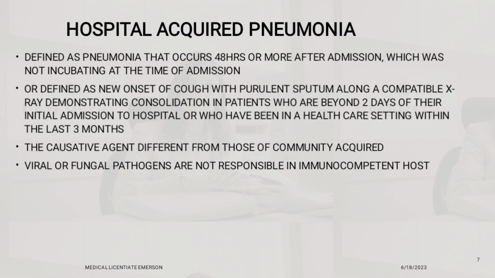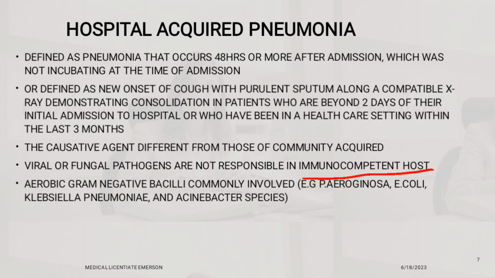So these are the things which most likely cause hospital acquired pneumonia, but viral or fungal pathogens are not responsible in immunocompetent hosts. That's what you have to know. Then aerobic gram-negative bacilli are commonly involved, for example, Pseudomonas aeruginosa, E. coli, Klebsiella pneumoniae, and Acinetobacter species as well.